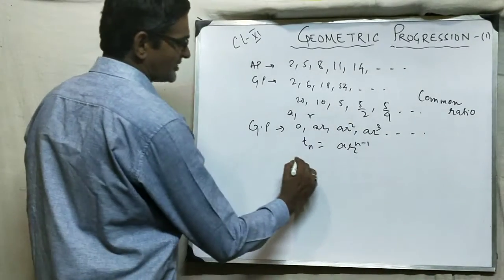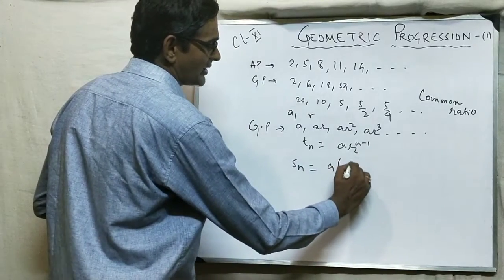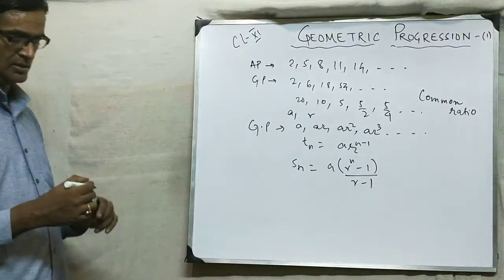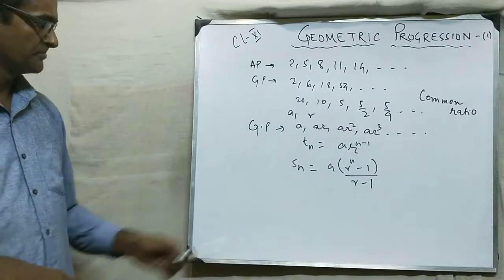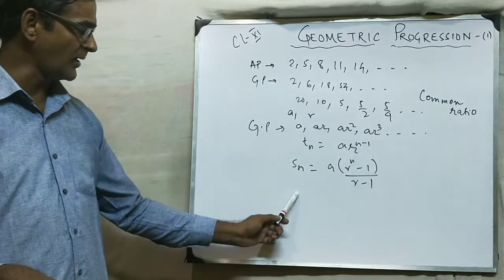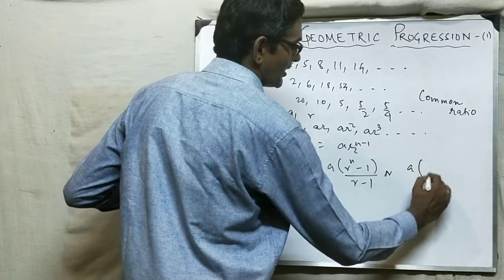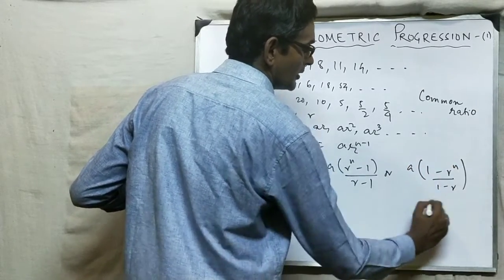And what is the formula of Sn, the sum of n terms? Sn is A times (R to the power n minus 1) by (R minus 1). Or you can write it this way also: A times (1 minus R to the power n) by (1 minus R).